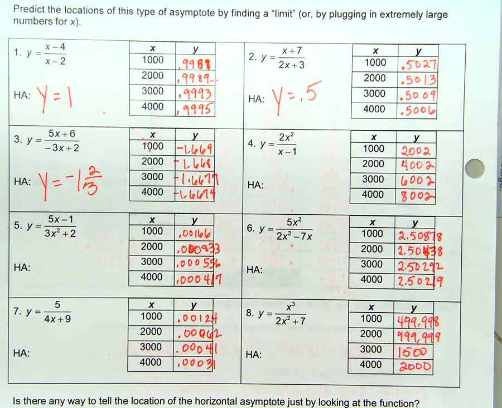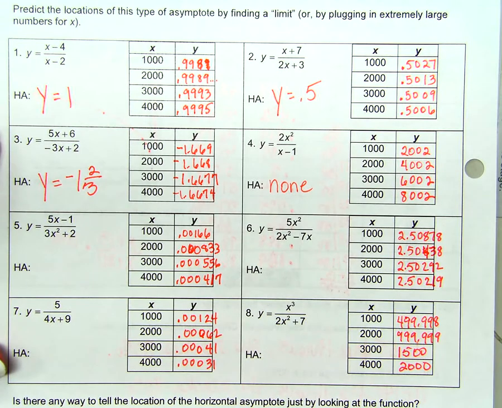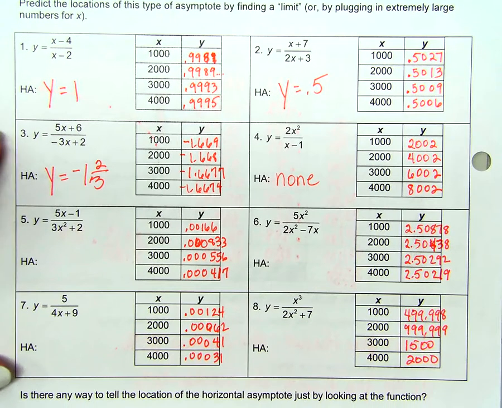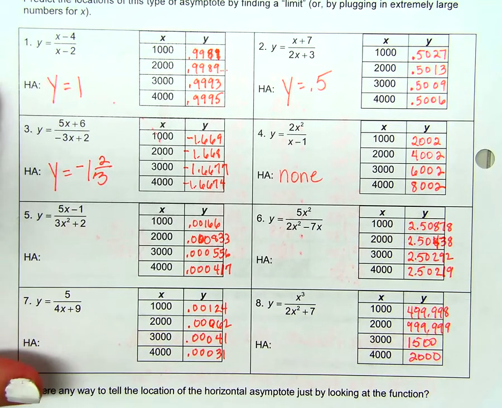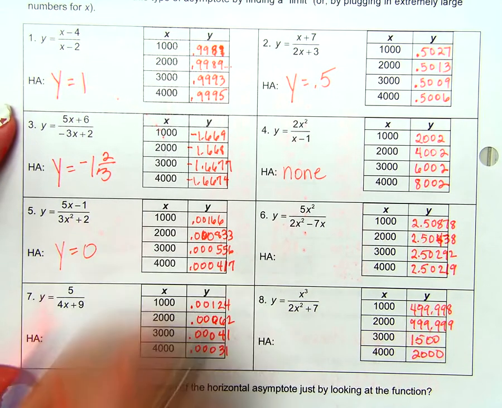What about number 4? What's it approaching? Is it approaching anything? It's just getting bigger, right? None. There's not going to be an asymptote there. What about number 5? Yep, y equals 0.